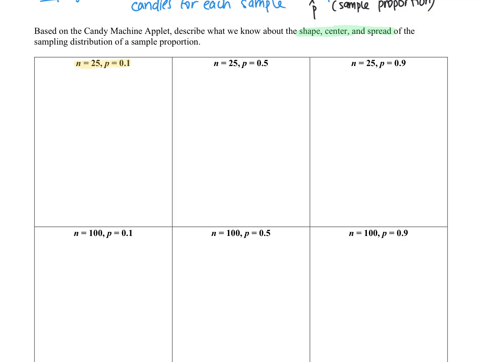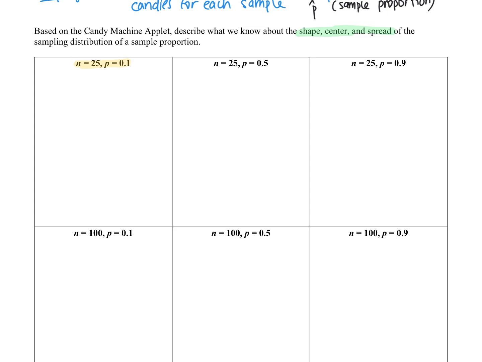Does it change the center? Does it change the shape? Does it change the spread? Then we go to n equals 100. When we change sample sizes, what happened? Take, let's say, 8 minutes with the person next to you, get all 6 of these, and then describe what is happening in the center, shape, and spread as p changes and as n changes.